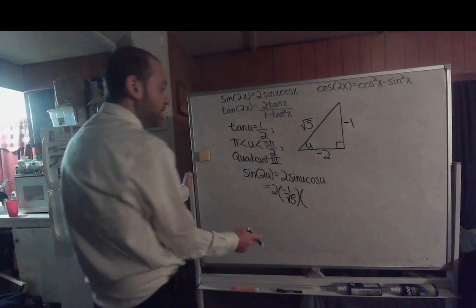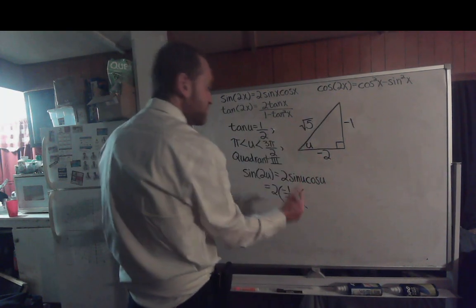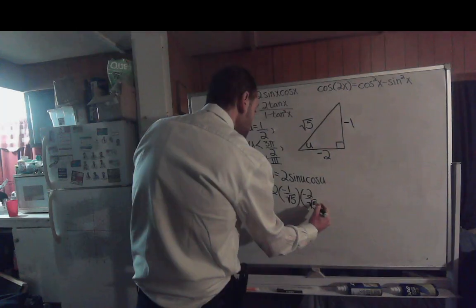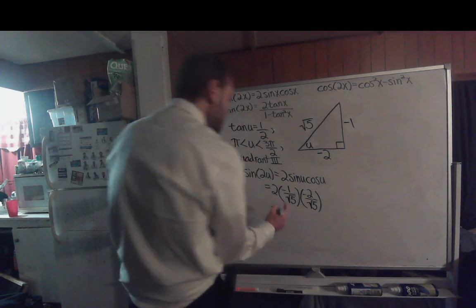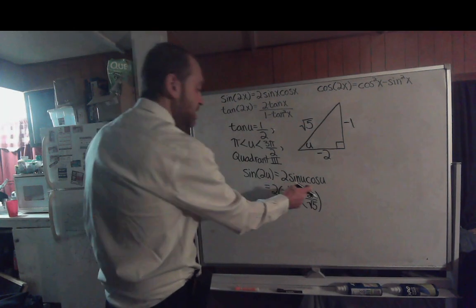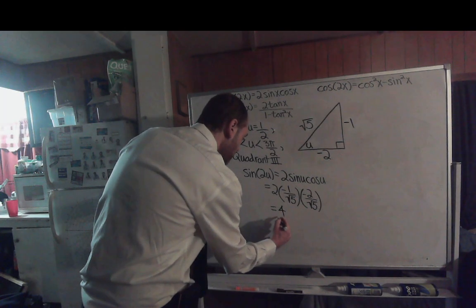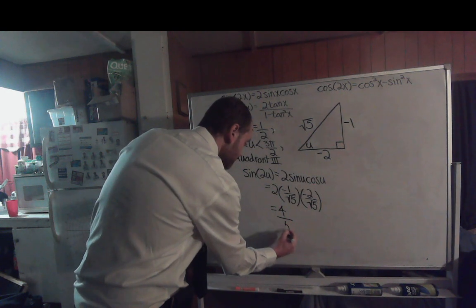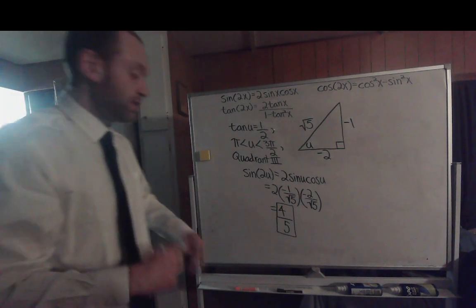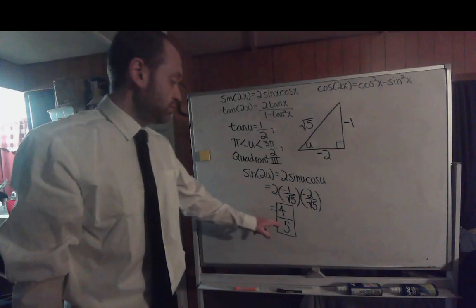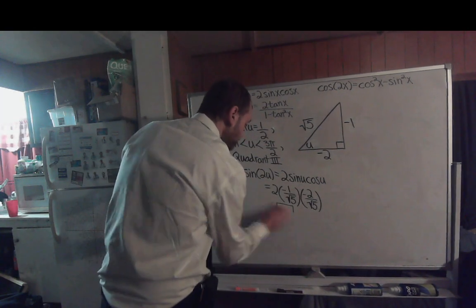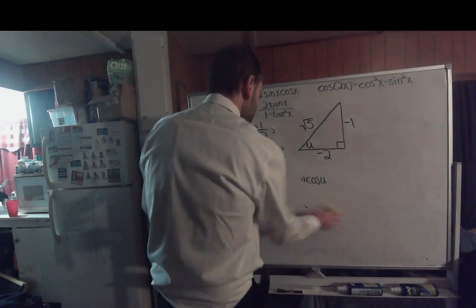You'll see in just a minute. And then the cosine is -2 over the square root of 5. And it's going to make sense here why I didn't rationalize the denominator. So 2 times -1 is -2, times -2, that's positive 4 over your denominator, which just turns into a 5. So it rationalized itself by leaving it alone. So the sine of 2u would end up being positive 4/5. Okay, so there's the sine of 2u.